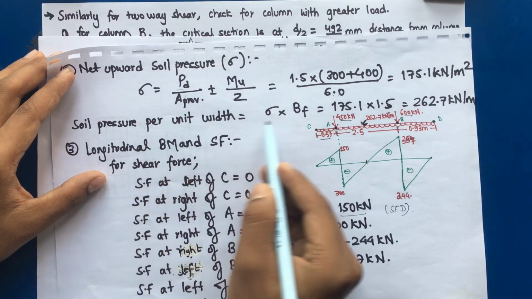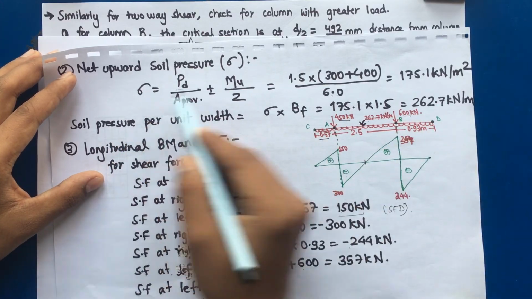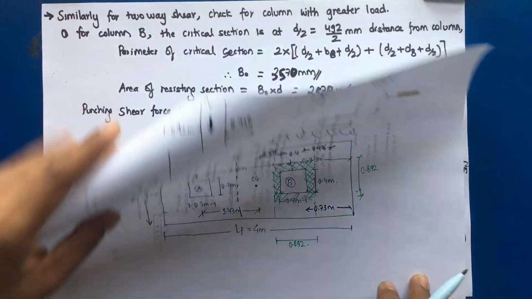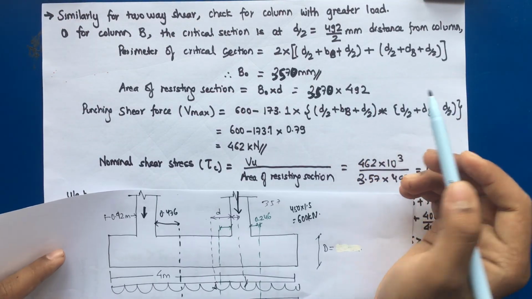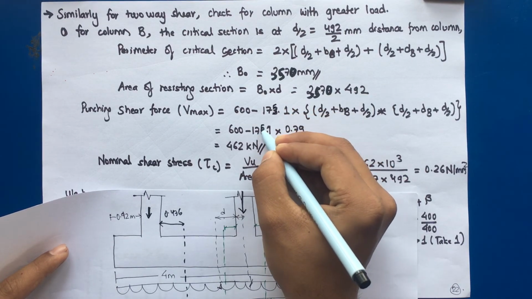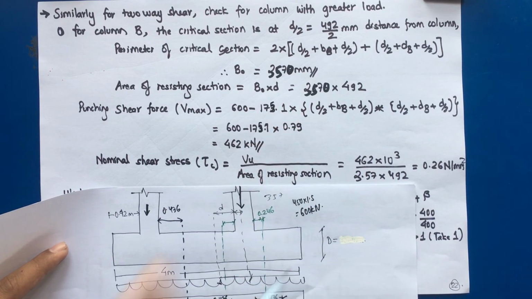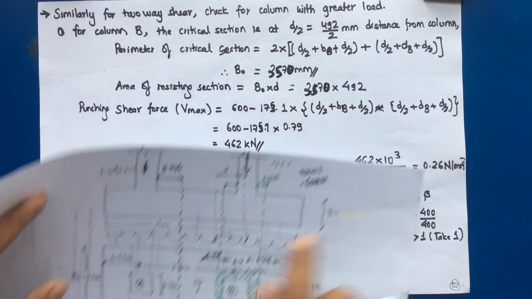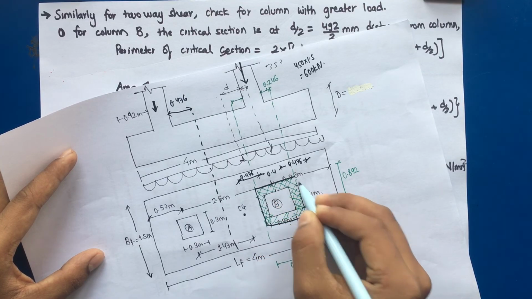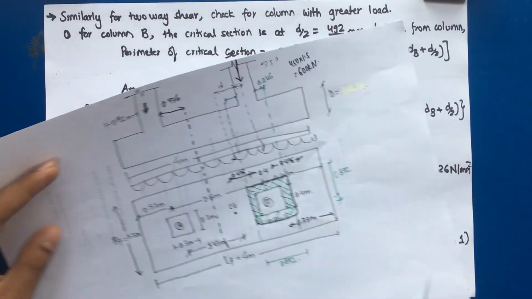This was per unit width, but for now as we are considering an area, we have to use this value, that is 175.1 kilonewton per meter square, into the plan area of the critical section, which is 0.892 into 0.892.